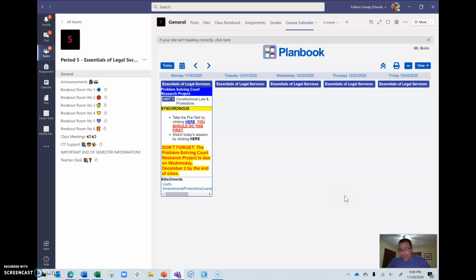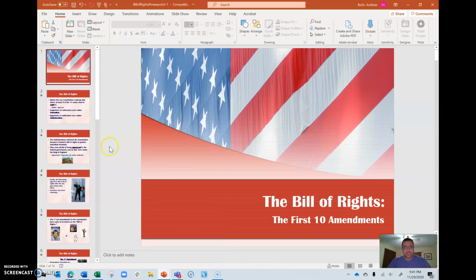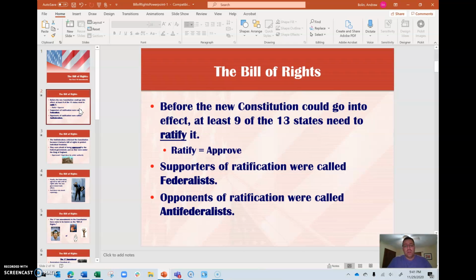Welcome back. Now that you've taken the pretest, we're going to go over the Bill of Rights. So, what are the Bill of Rights? Those, as you can see, are the first 10 amendments to the Constitution. However, before the new Constitution can go into effect, at least 9 of the 13 states need to ratify it.